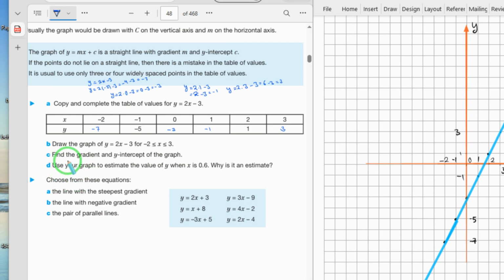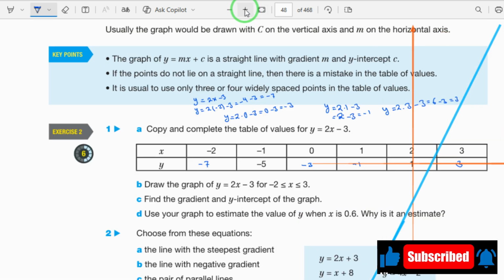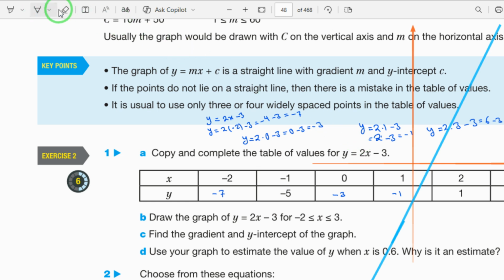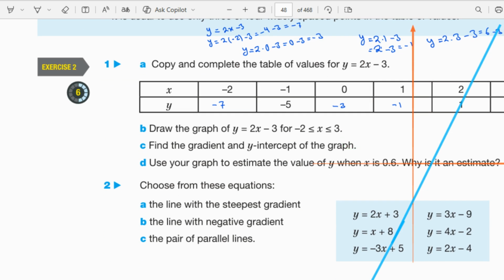Part C, find the gradient and y-intercept of the graph. The gradient here is equal to 2.